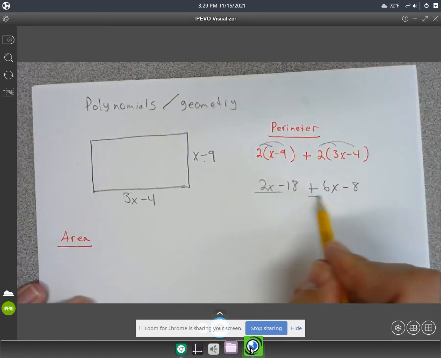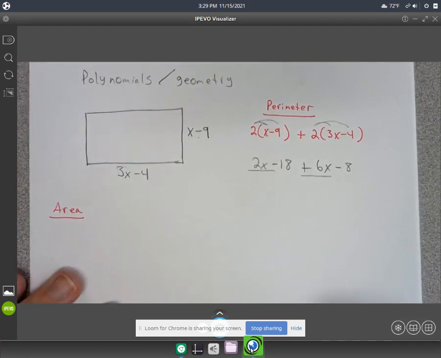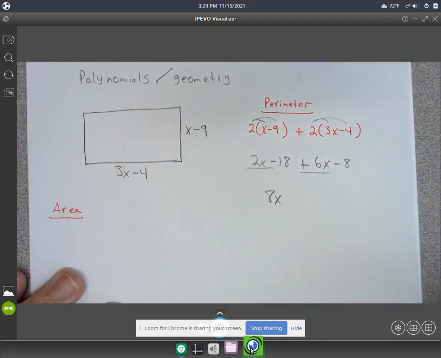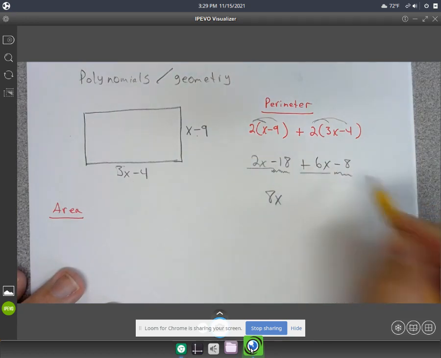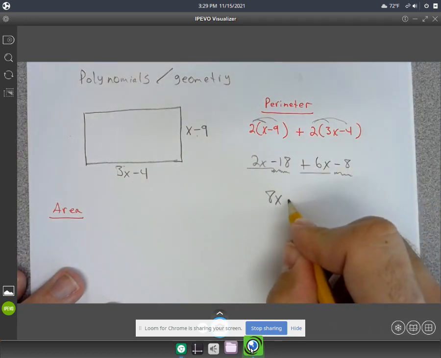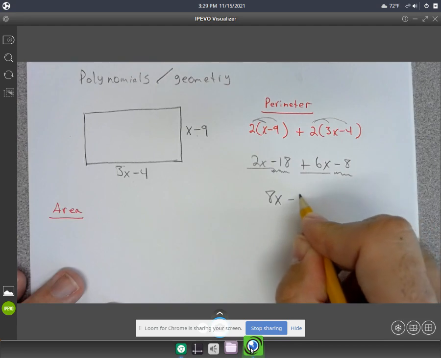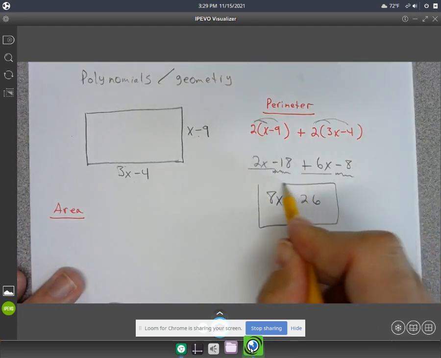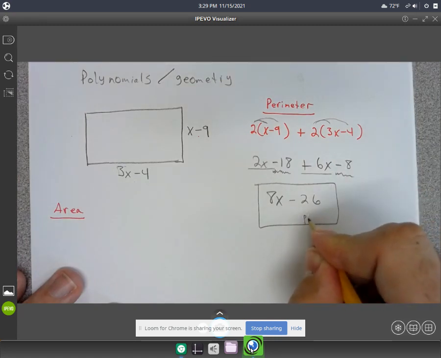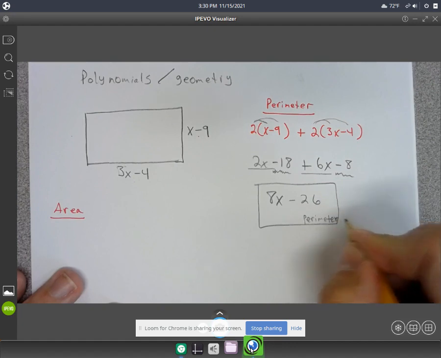And then we'll combine the like terms there. 2x and 6x will make an 8x. You've got a negative 18 and a negative 8, and that's going to be negative 26. So this is going to be my formula that represents the perimeter: 8x minus 26.